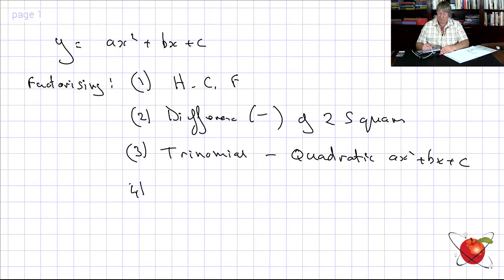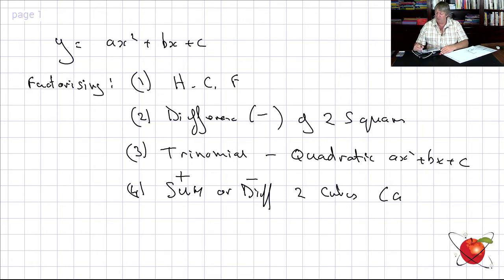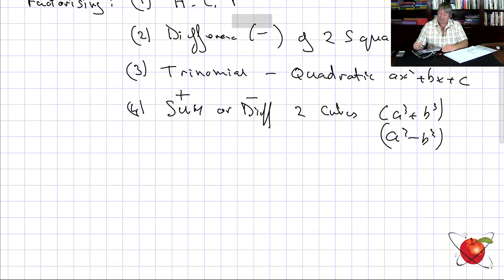Number 4, sum or difference of two cubes, sum, plus, or difference, minus, of two cubes. That is the form a cubed plus b cubed and a cubed minus b cubed. All right? So those are our factorizing. Then the last one, if all else fails, we look for grouping.